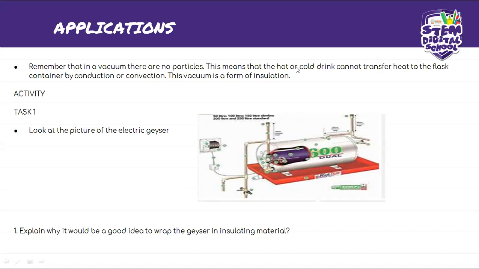Now, the activity that I am telling you to do is this. We have got a geyser, as you can see in the picture. Then the question that arose is that we are asked to explain why it would be a good idea to wrap the geyser in insulating material.